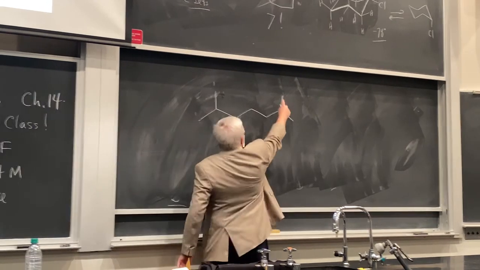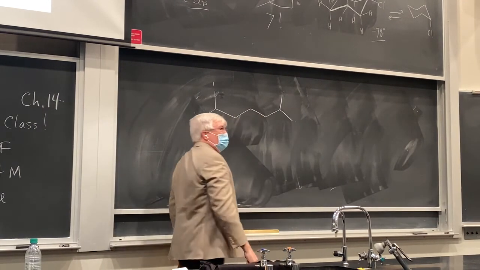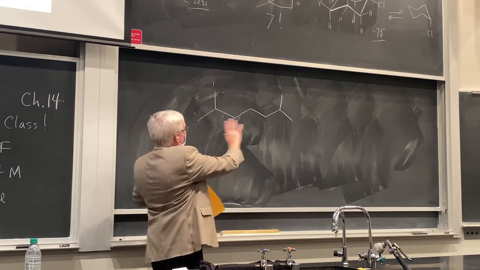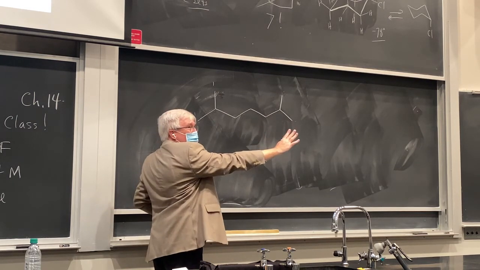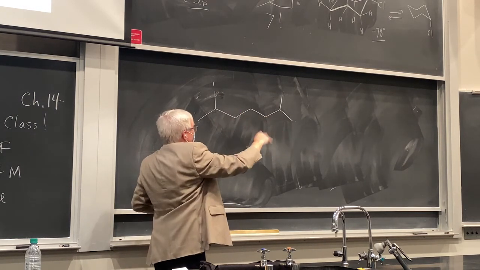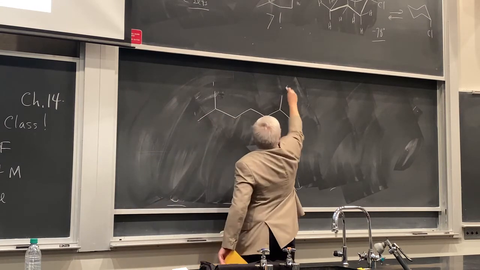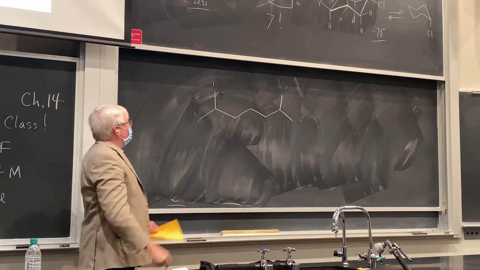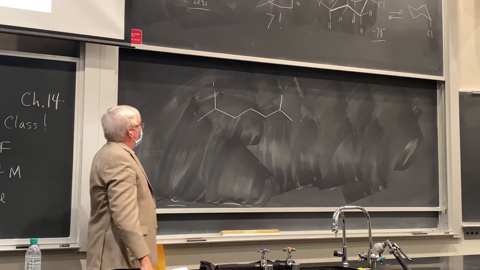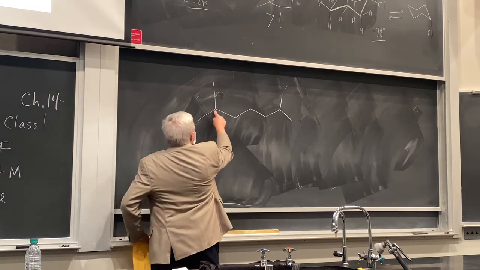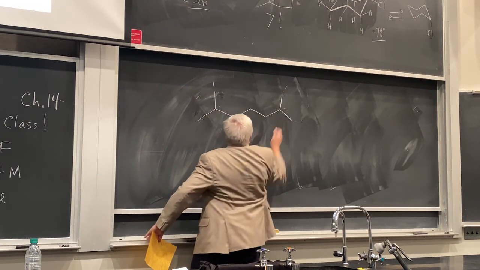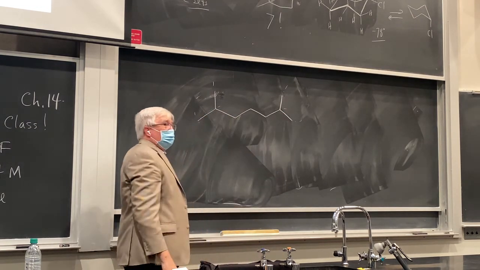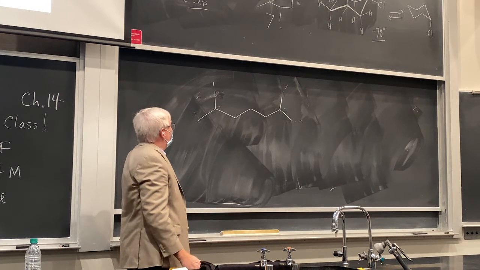How about over here? These 2. Yeah, you could rotate those and see there'd be a mirror plane right through there and another one the other way. So all of these would be the same, wouldn't they? Let's all be the same, okay? So we got 1 set, and then the methines. Those are both the same too, right? No stereocenter.